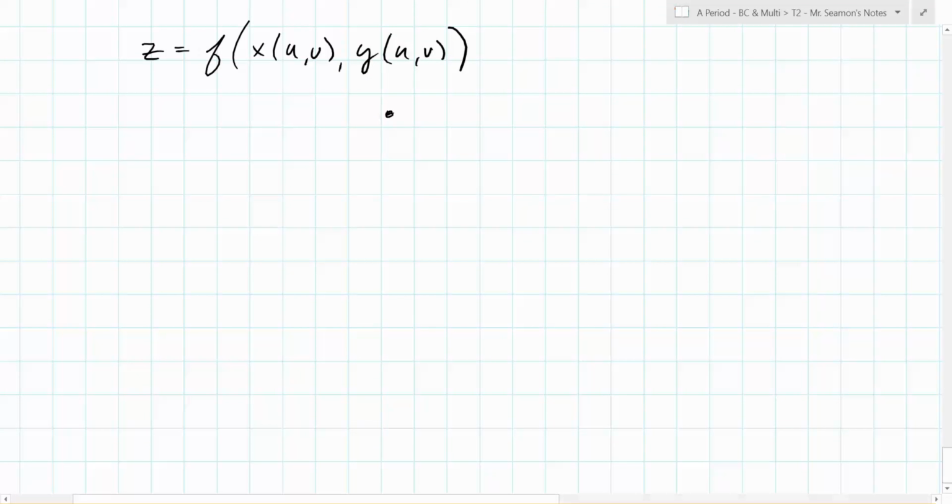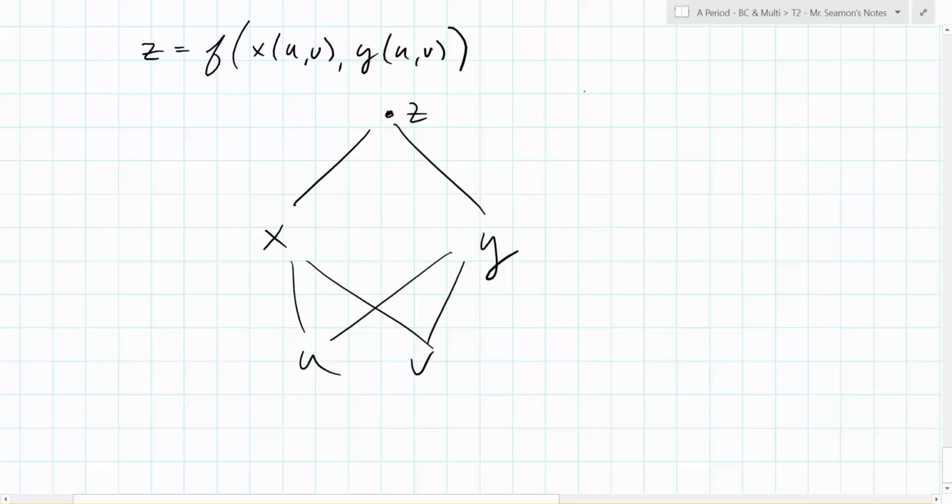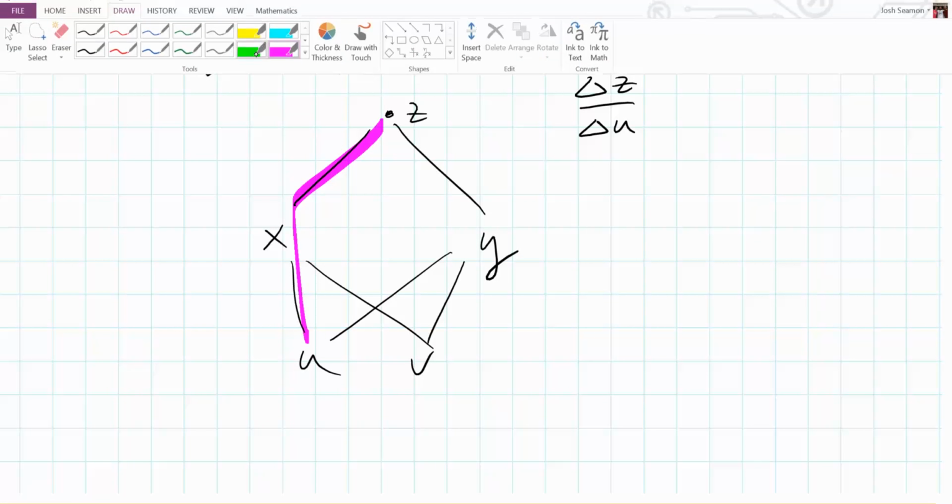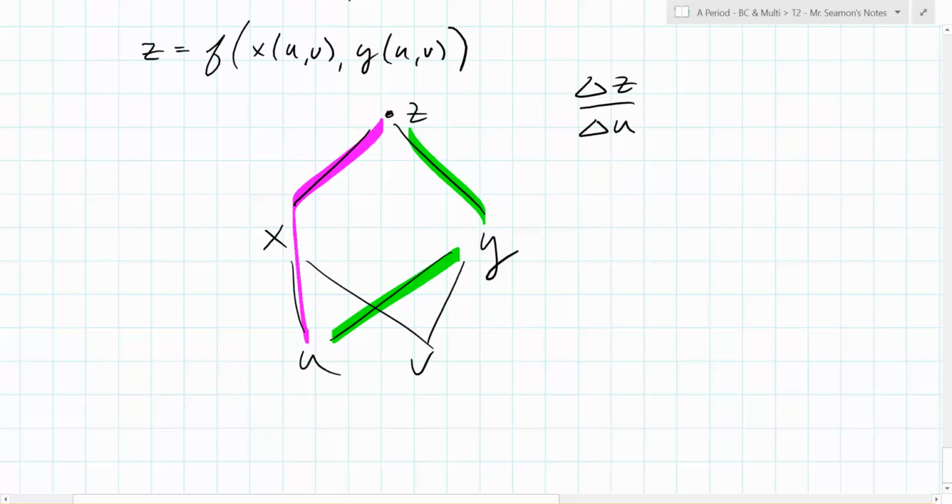You start with z, and what is z written in terms of? X and y. But what are x and y written in terms of? U and v. So let's say I asked you for delta z, delta u. What paths do I have? There's x to u, and where's another path? Y to u. You see those two paths? So what do you write along each of the segments of those paths?